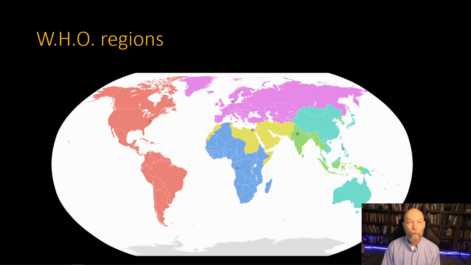Now, I didn't choose the World Health Organization regions because I had some particular affinity to them. I just picked a region variable. And I like this one as an example because it has some interesting decisions that get you thinking about why would I construct regions this way. So for example, it only has a few regions, right?